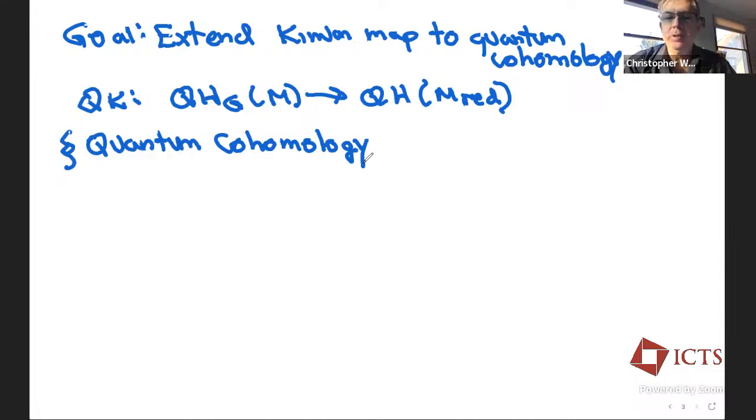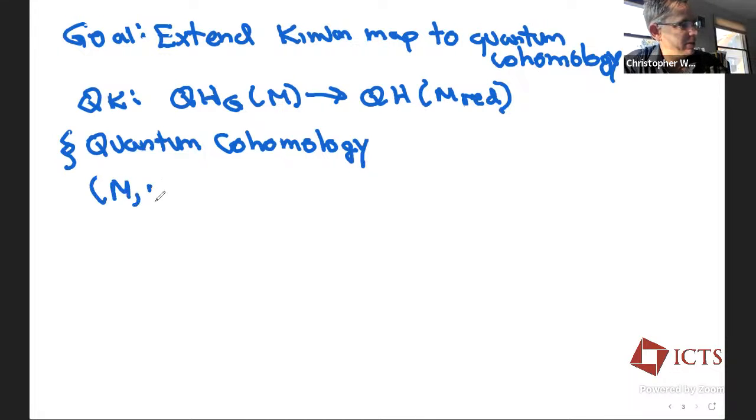And let me first say I'm not responsible for the terminology quantum cohomology. So I think Nuno's course is about quantization of vortices. This is a different kind of quantization, where you view quantum effects as coming from a holomorphic curve.